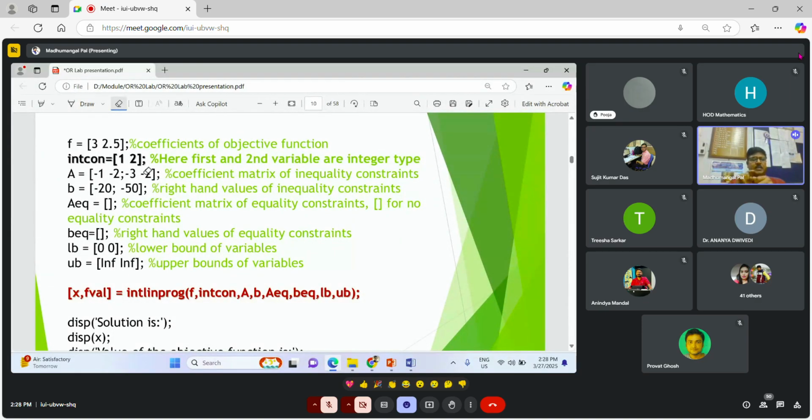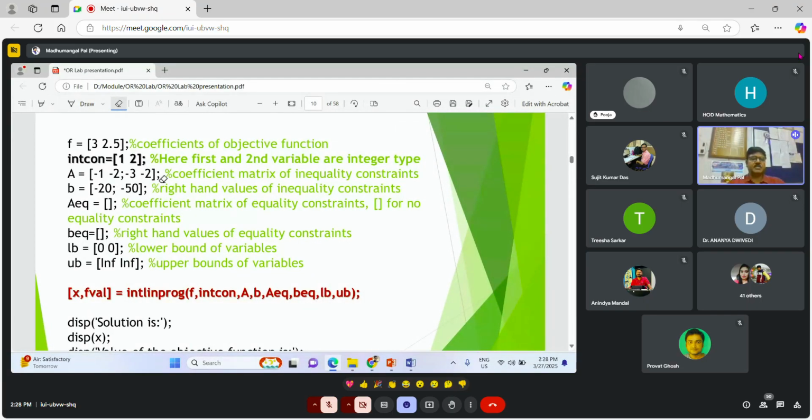We write here a new vector intcon, which indicates which variables are integers. We have assumed that variable number one and variable number two are both integer variables, and that is assigned through a vector.